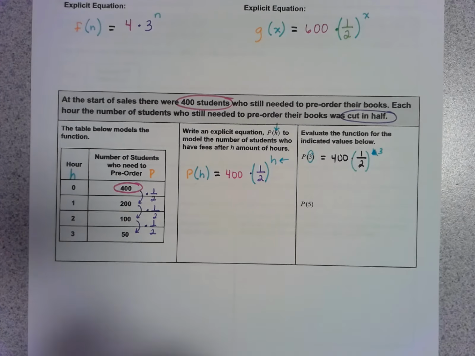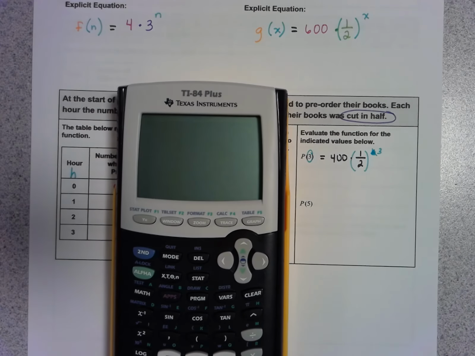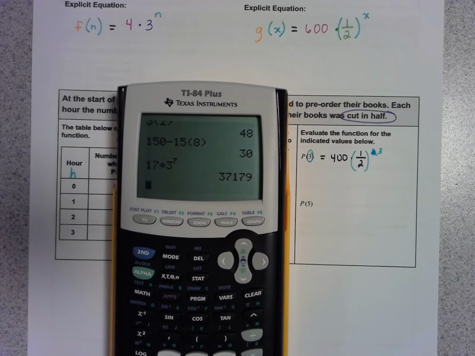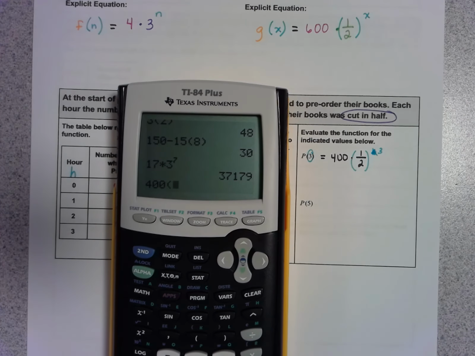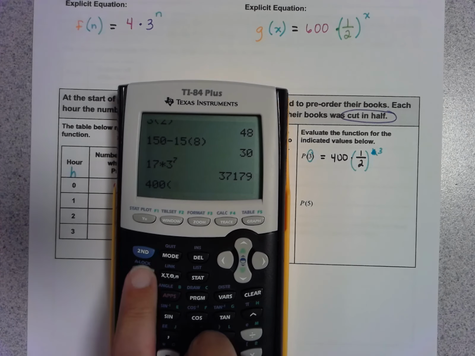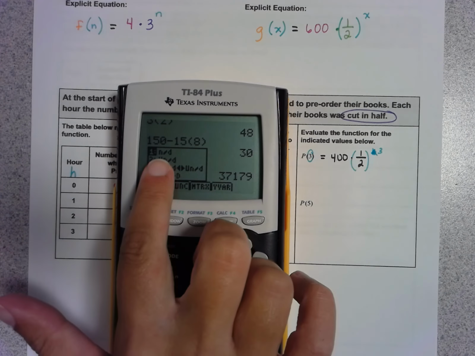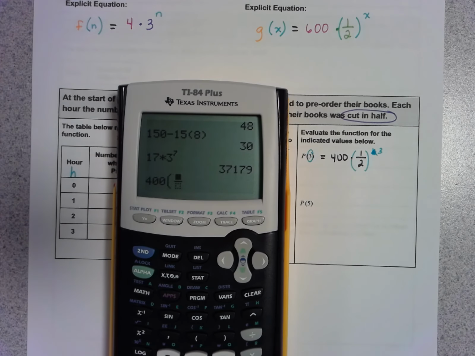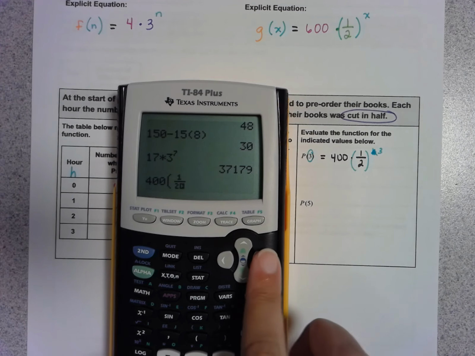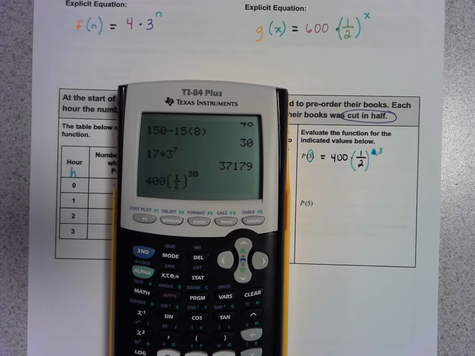Again, I'm going to do this on my calculator because I want to make sure that I'm not getting this wrong because my arithmetic is not going well. So 400 parentheses. Now to make a fraction, I'm going to hit alpha and then y equals, and you can see that it says n over d here. And I'm going to have 1 over 2 parentheses to the third power, which gives me 50.